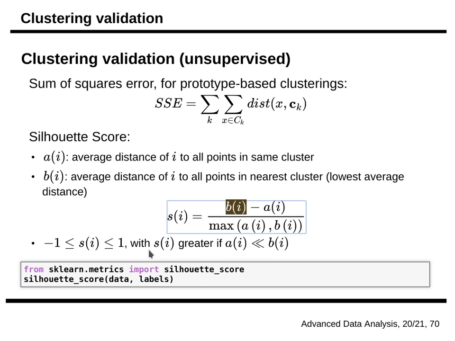If we have a value that is close to 1, it means that the distance within the same cluster is much lower than the distance to other clusters. So this would indicate that clusters are very well separated. And you can use this easily with the silhouette score function in scikit-learn.